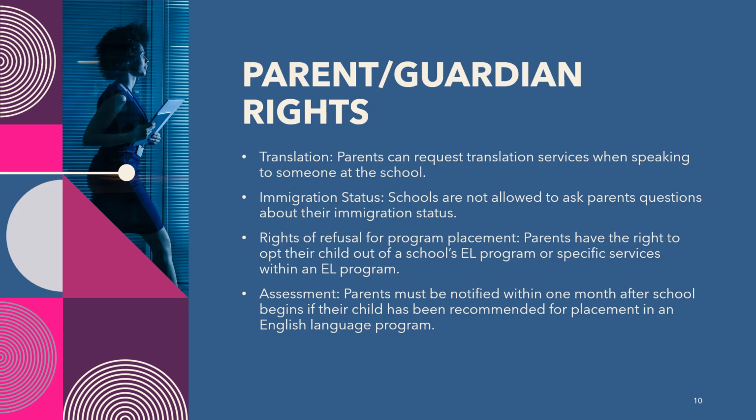And in regards to assessments, our parents must be notified within 1 month after school begins if their child has been recommended for placement in an English language program. So parents are told why their child has been identified for the program, the child's English proficiency level, their recommendations for the child, what they can expect from the program, and an anticipated date that their child will be ready to leave the program.